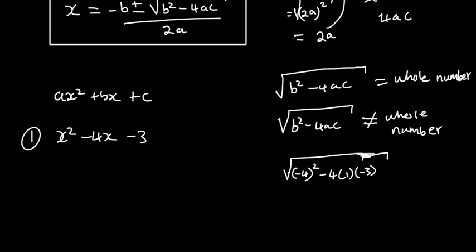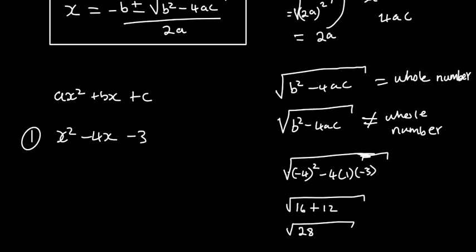So you're going to get root of, for example, 16, negative times negative, that's positive, so that's 4 times 1 times 3, that's 12, and that's going to give you positive 28.